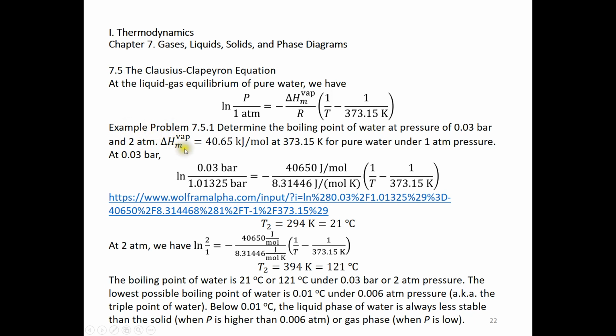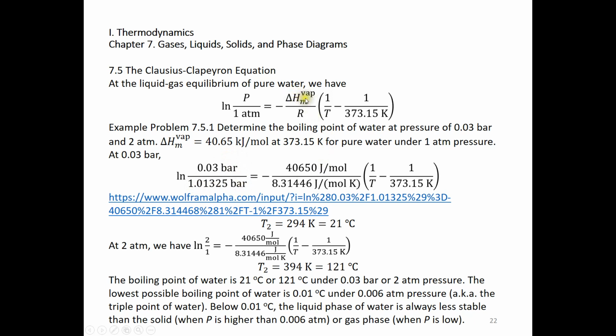You're given the molar enthalpy of vaporization, or simply enthalpy of vaporization in kilojoule per mole at the normal boiling point, and then we can plug in this pressure of 0.03 bars on top. So we have that on top. 1 atm is 1.013 bars, so we have these 2 numbers.